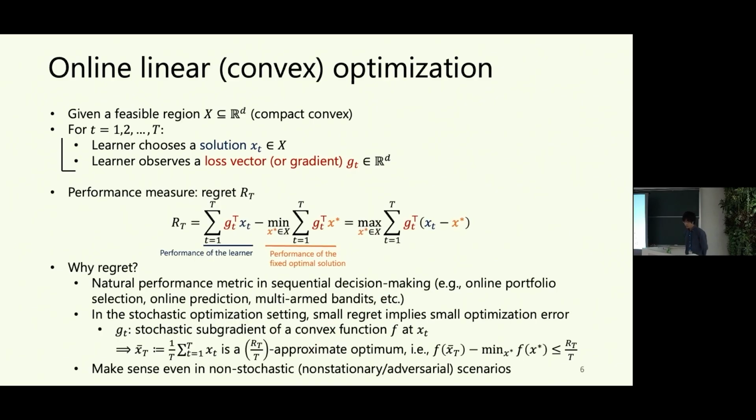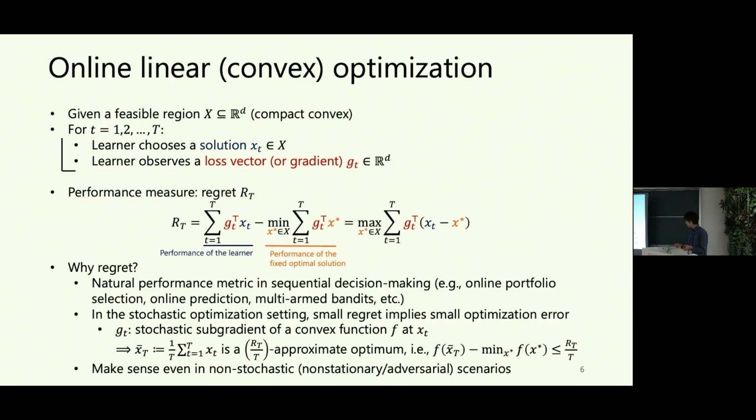There are many reasons why we focus on the regret. First of all, the regret can be interpreted as a natural performance metric in sequential decision making, including online portfolio selection and multi-armed bandit problems. And in the special case of the stochastic optimization setting, in which g_t is a stochastic subgradient of some convex function, a small regret implies a small optimization error.